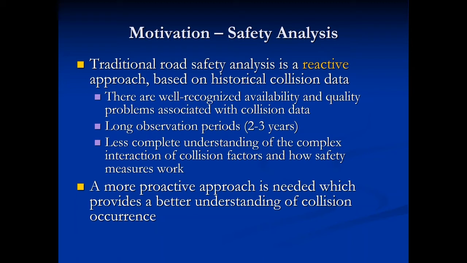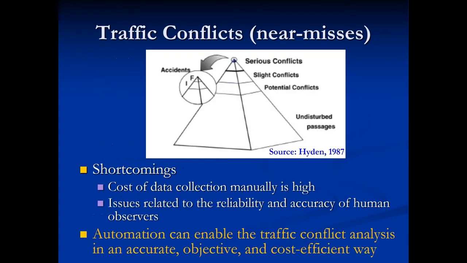The quality of the data is always a problem, and even collision data doesn't offer a very good understanding of collision factors and how safety measures actually work. So we needed a more proactive approach, and this is where we decided in 2005 to automate the process of collecting traffic conflict data. And you will see many examples with videos in the following slides.